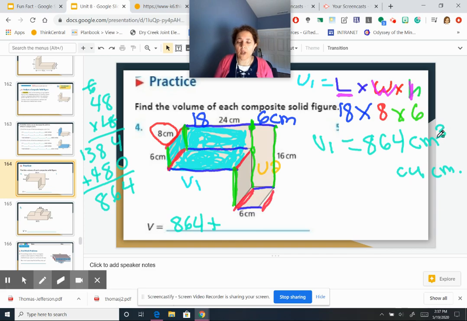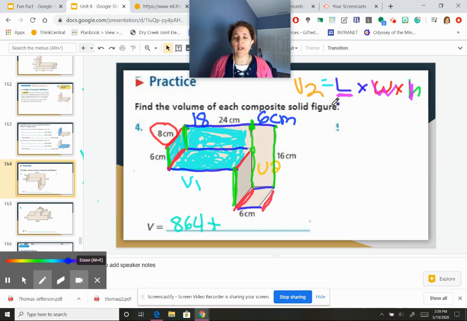That's how we would write that, okay? All right, so now let's find volume 2 using our same formula. So now I need to find my length, my width, and my height for volume 2. All right, so volume 2.